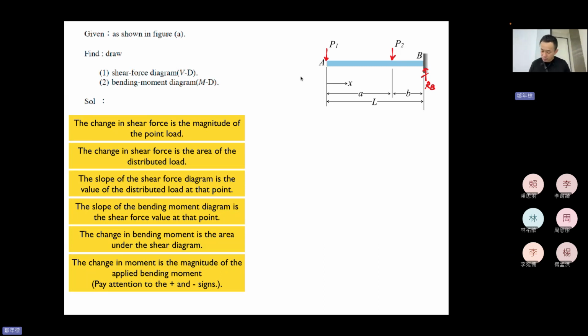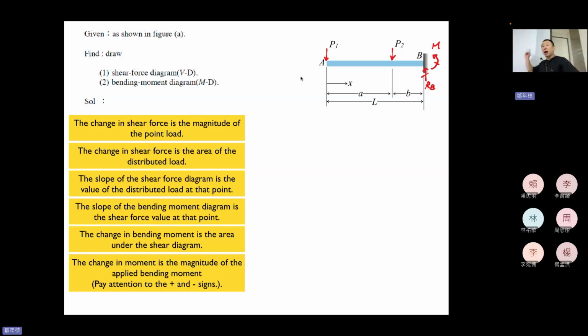So I assume a moment here, okay? And you notice that I assume counterclockwise, because when solving the balance of forces, we use the moment counterclockwise as positive, right?